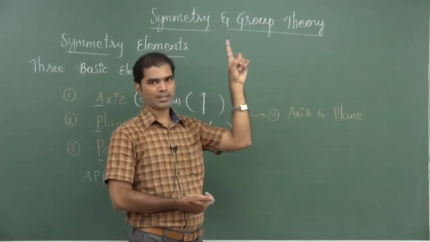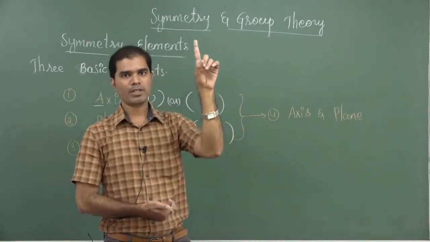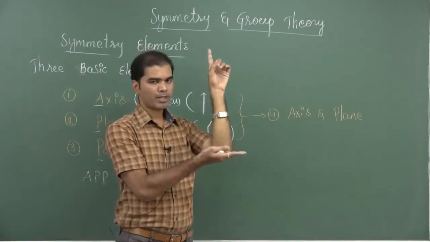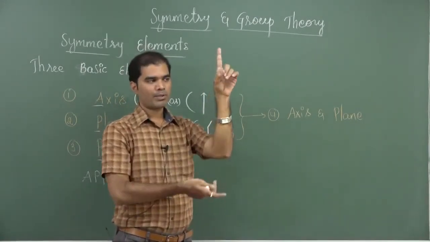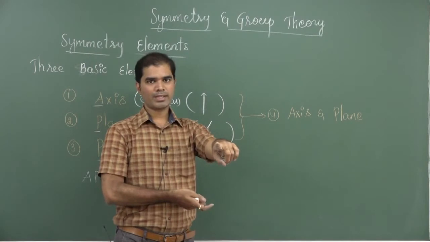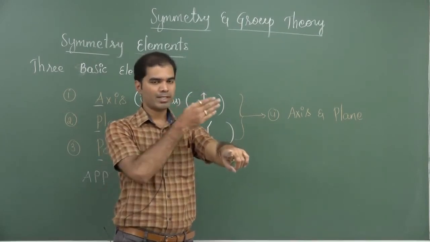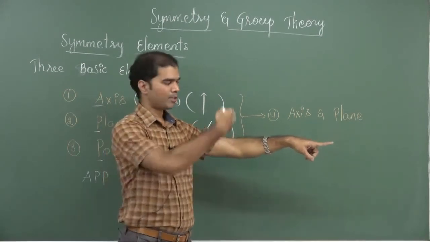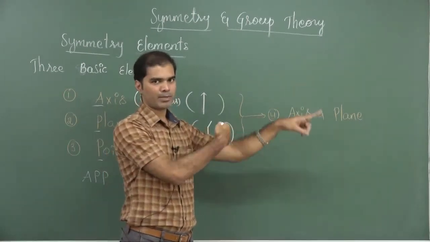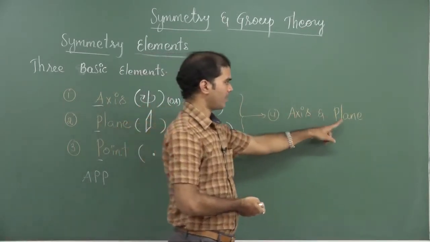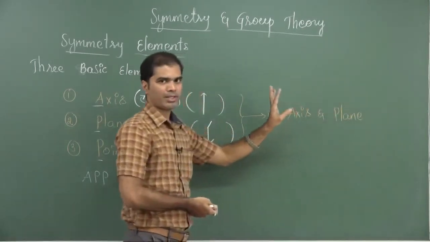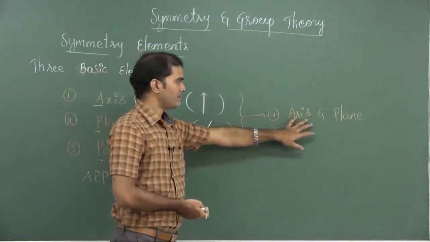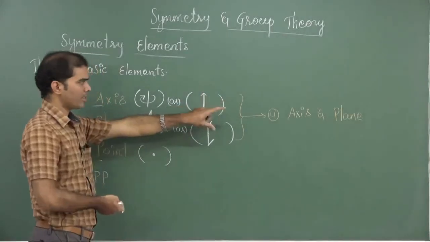Suppose I am choosing the z axis, rotating the molecule along the z axis imaginatively, then the plane I have to choose is perpendicular to it, which is the xy plane. Or if I am rotating the molecule along the x axis, then the plane I have to choose is yz. Or if I am rotating the molecule along the y axis, then the plane I have to choose is xz, that is perpendicular to it. So always axis and plane must be perpendicular to one another. Only such a plane has to be chosen. That is a detailed explanation which we will discuss later, but that combination is giving you one more symmetry element.